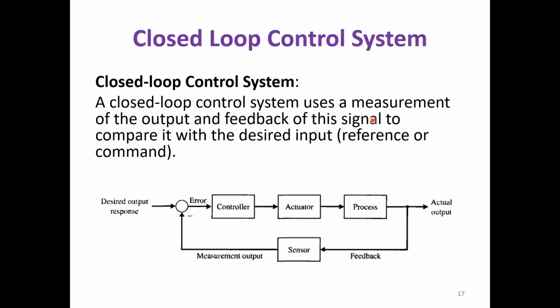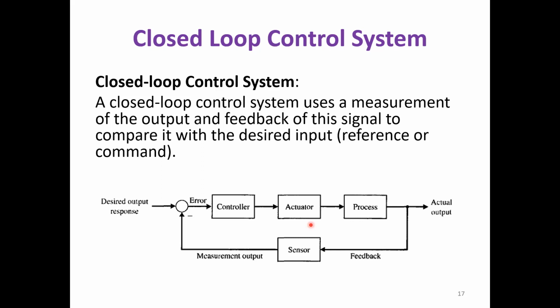Now the closed loop control system. What you see here: a closed loop control system is a measurement of the output and feedback of this signal to compare with the result.